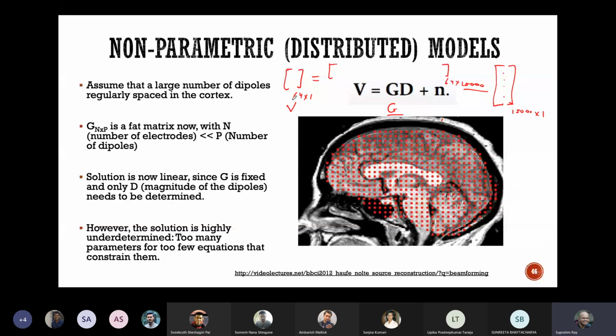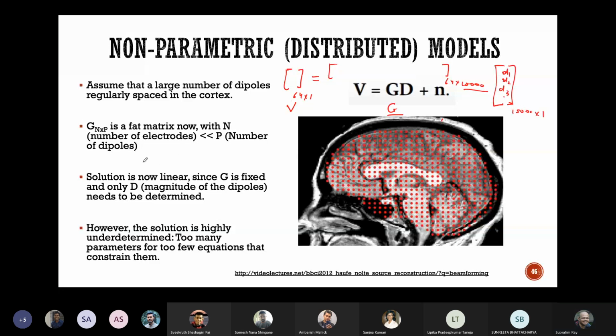Okay, but unfortunately, as you may see here, it's a very highly underdetermined problem. If you think of these as free parameters, D1, D2, so these are like variables. Essentially, you have got 64 equations here. Each row is an equation.